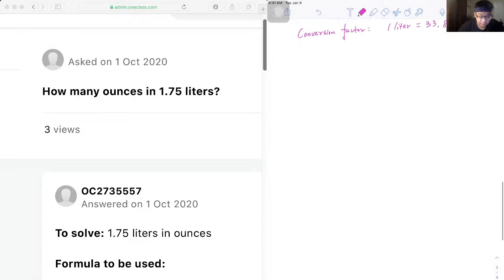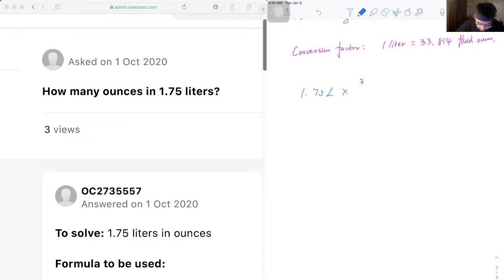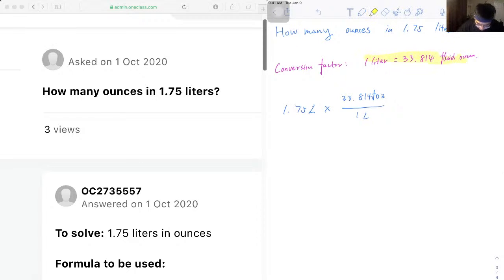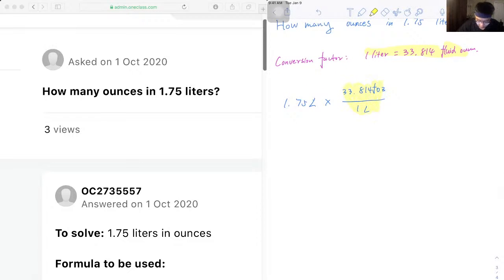So let's write it here. 1.75 liter times 33.814 ounce over 1 liter, and that is from the conversion factor.